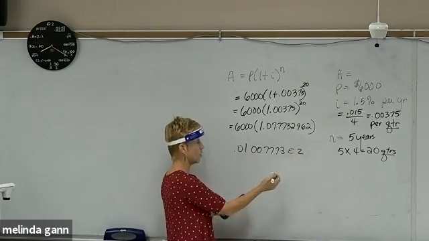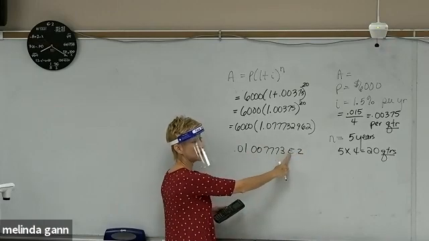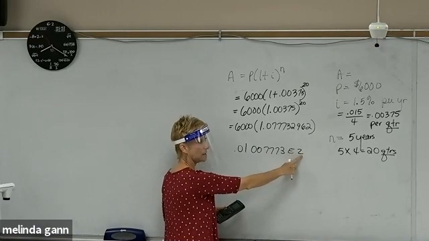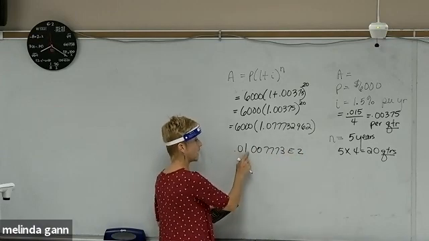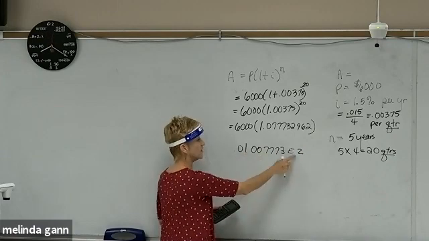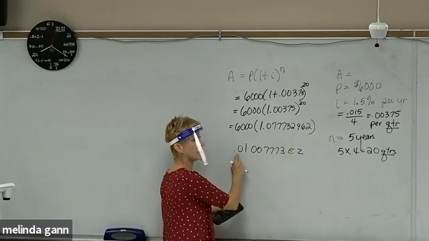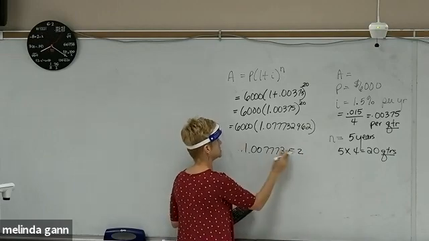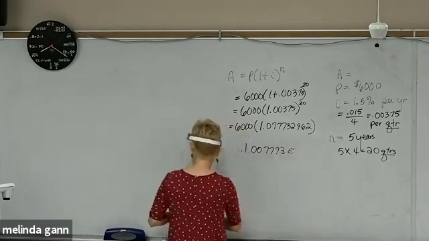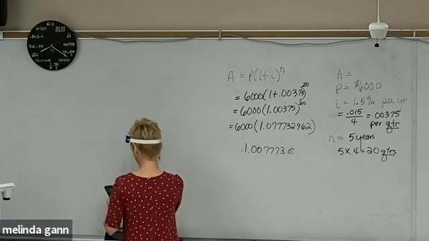What does it mean when it's got an e? It means times 10 to that power. So if it's an e and a positive number, you're going to go to the right two places. If it's e and a negative number, that means that decimal goes to the left. I want to make sure in case yours does that. Now, take that number times 6,000 and see what you get.